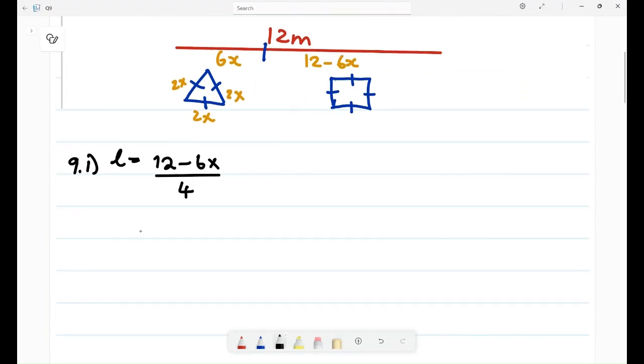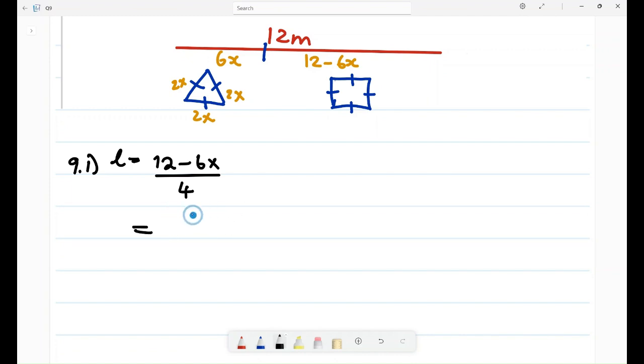Then you simplify that. I'm going to simplify it to 12 divided by 4, which is 3, minus 6 divided by 4, which is 3 divided by 2, x.